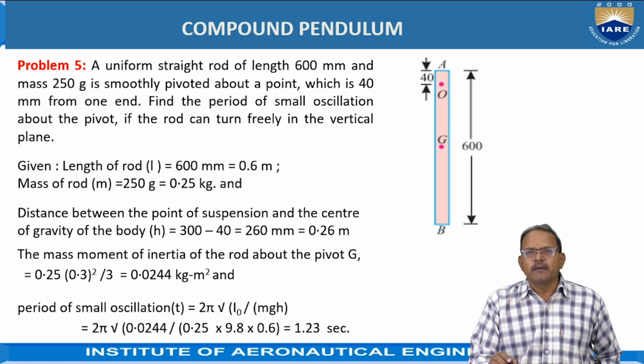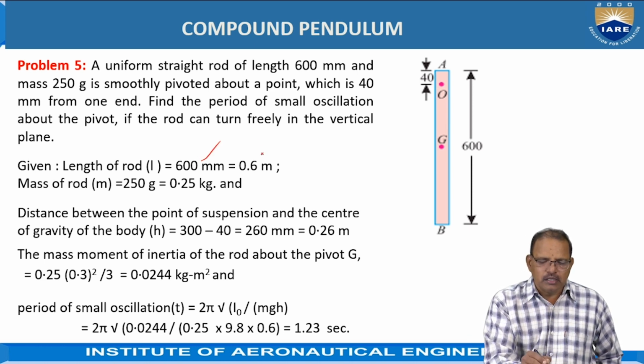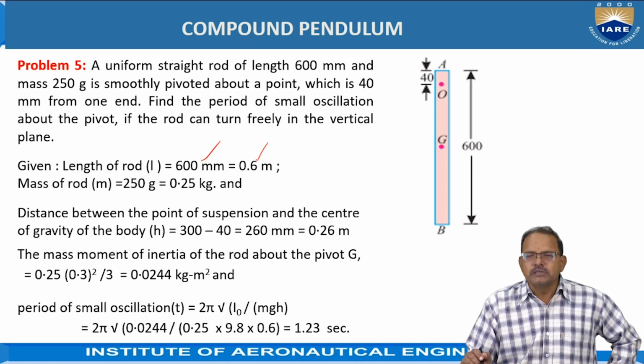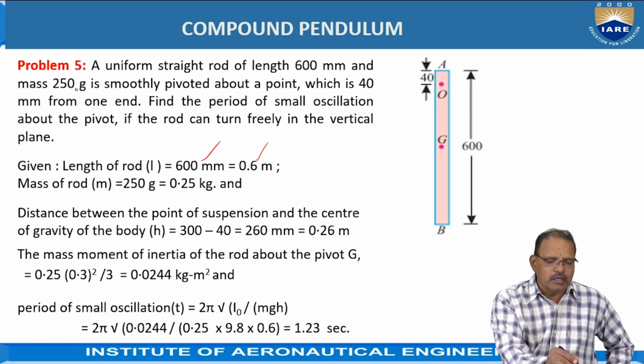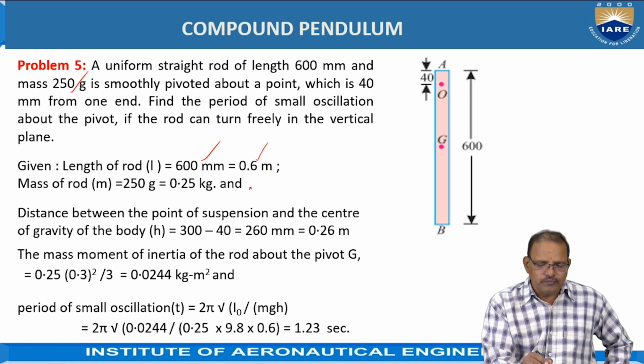The given data in the problem: the length of the rod is 600 mm, in meters it is equal to 0.6 meters. Mass of the rod is equal to 250 grams, which is equal to 0.25 kg.